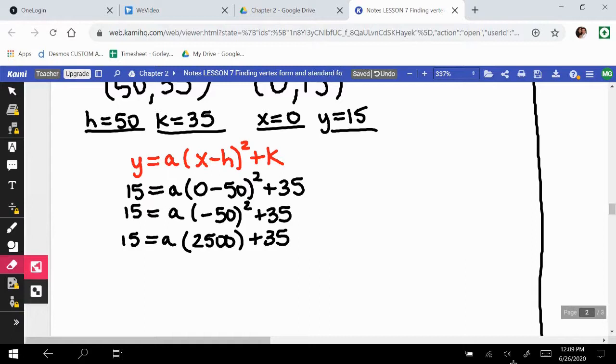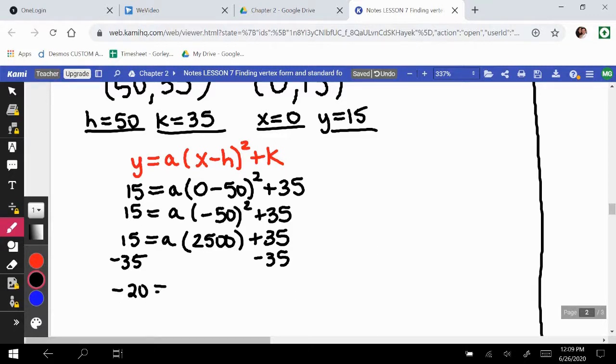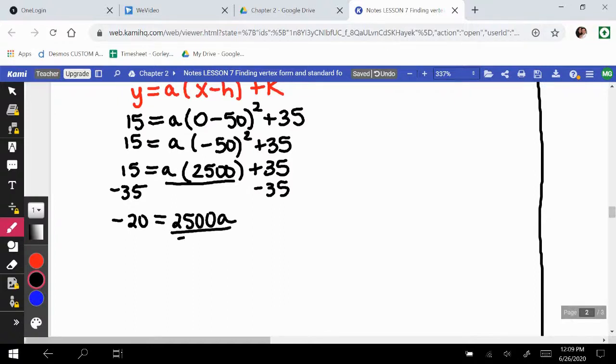So I'm going to undo the plus 35 first by subtracting 35 from both sides. That's going to give me negative 20. And a times 2,500 is 2,500a. Now to undo that multiplication, I would use division.